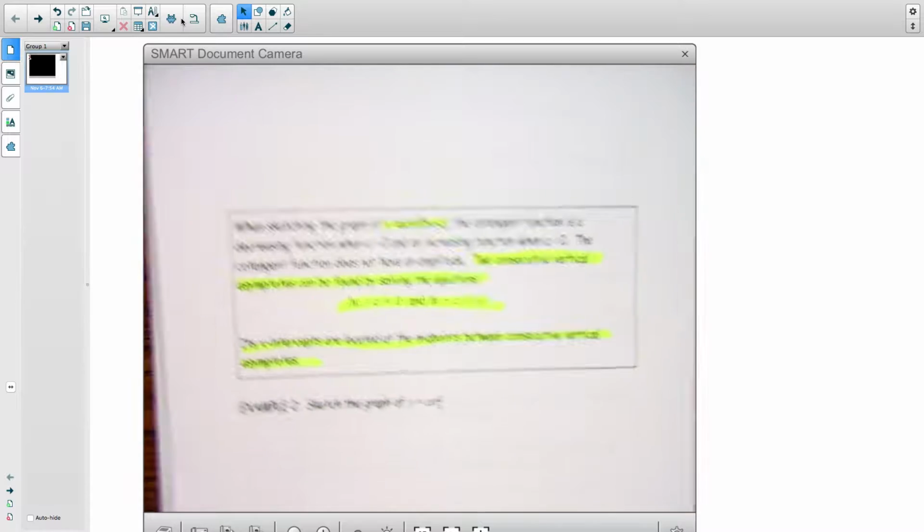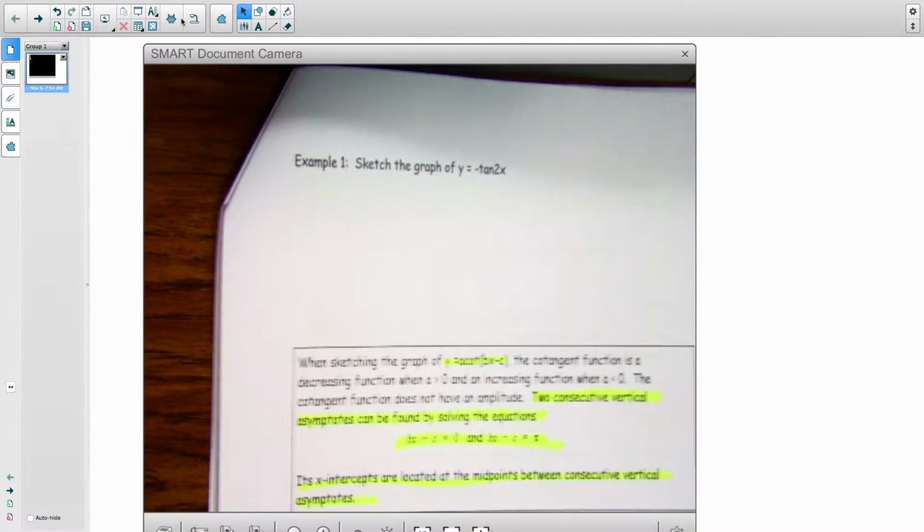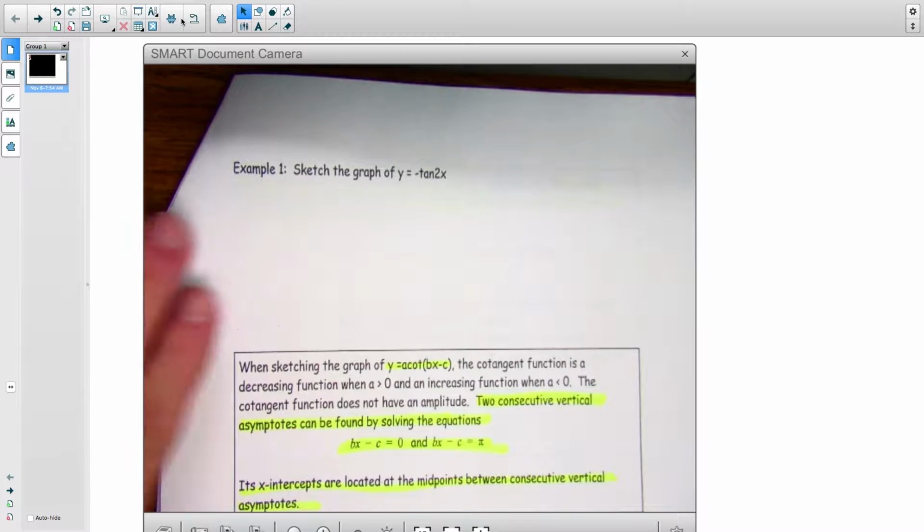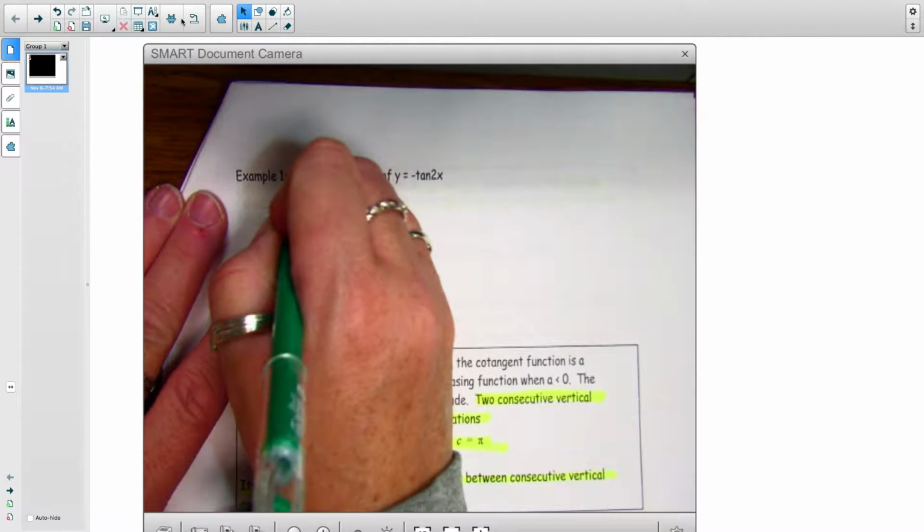All right, so let's look at graphing two here. So, negative tangent of 2x. First thing we're going to find is the asymptotes. It's tangent. I don't think I said this, but we can find the period.